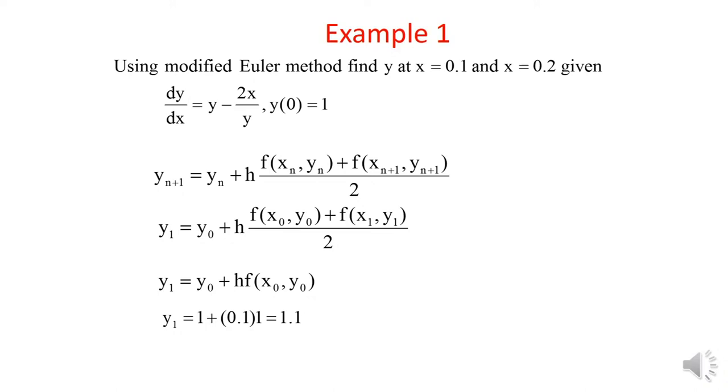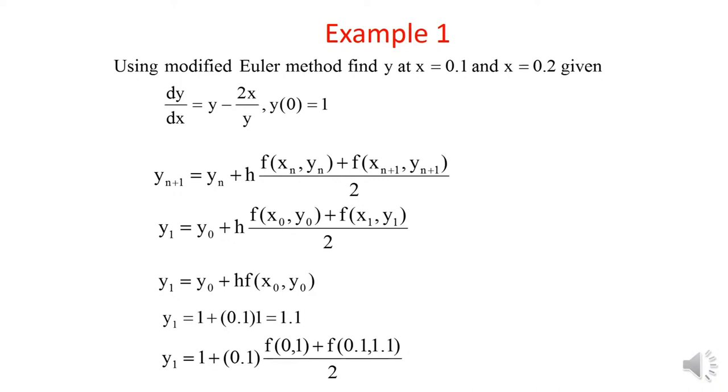We take this y1 and now substitute it in the average formula. So 1 plus h is 0.1, f0 1, that is fx0 y0, we know x0 is 0, y0 is 1, plus f x1 is 0.1, which is given to us, and y1 we have calculated with the help of Euler's formula, that is 1.1, by 2.